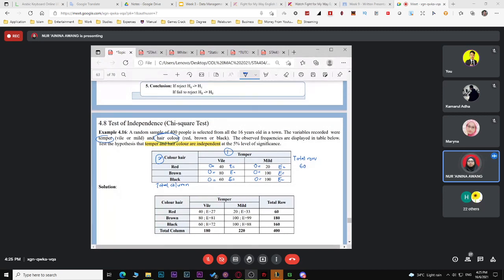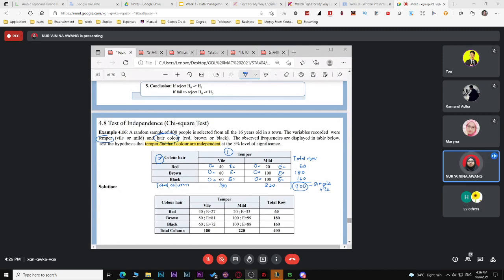Then this one, 100 plus 80, 180, and this one 160. Then for each column, 40 plus 80 plus 60, you will get 180, and this one you will get 220. Then your total row should be equal to your total column, and the value should be 400. So this is your total sample size.